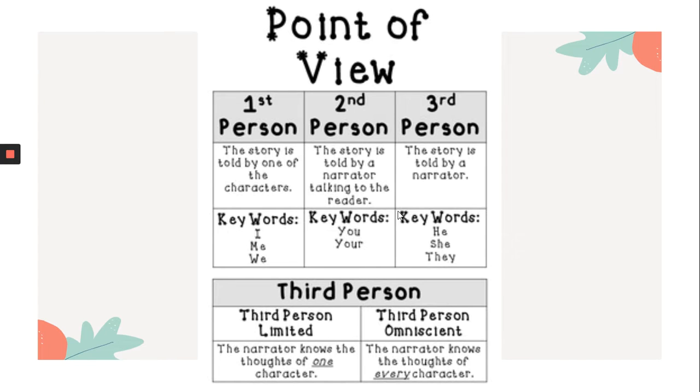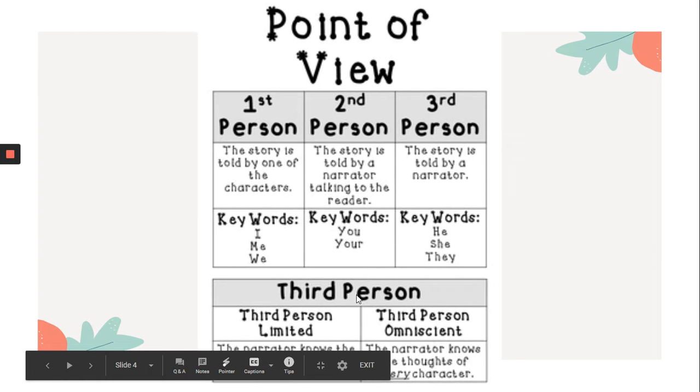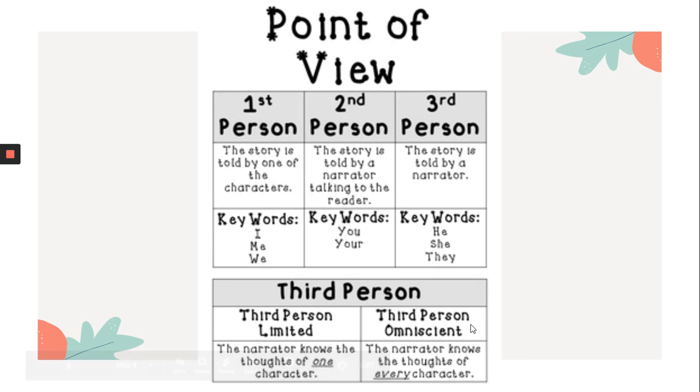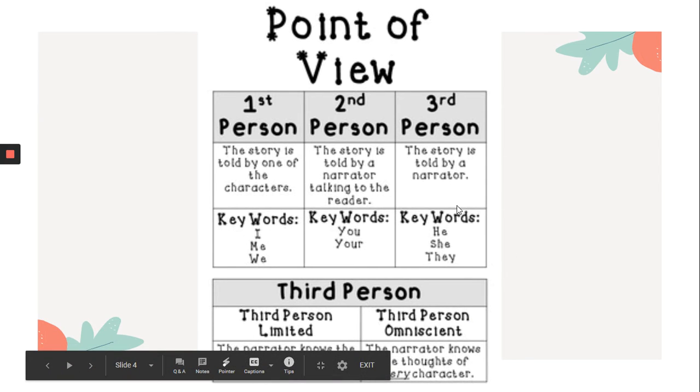Now, this person is not a character in the story. It's not you as a reader, but it's someone who's outside. So a lot of folk tales and fairy tales actually have third person narrators. And down below here, there's actually two different third persons. So if you want to expand your knowledge a little deeper, you can look at third person limited and omniscient, which is a tough one for Miss Roby to say. But we're really going to just focus on the basic third person today.